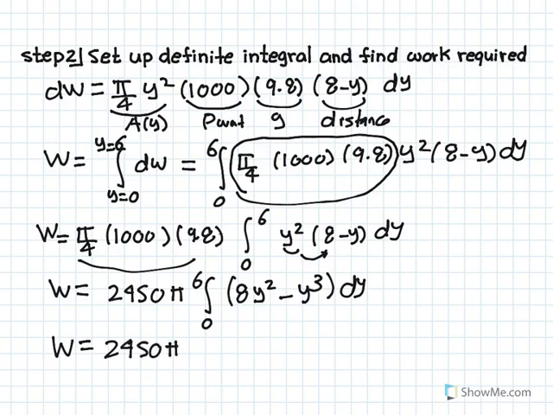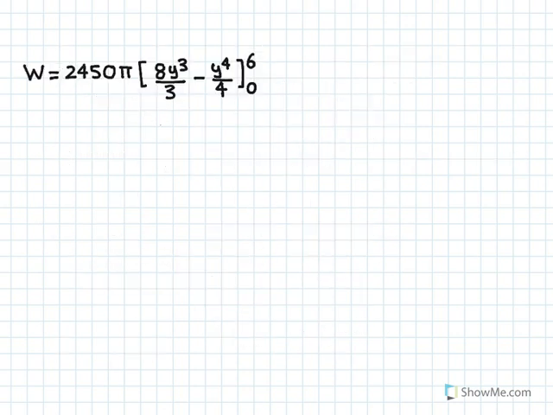So the work is going to be equal to 2450 pi. And if we integrate this, we get 8y cubed, reversing the power rule, divided by 3. And what is the antiderivative of y cubed? Add 1 to the exponent, divide by the same. We get y to the 4, divided by 4. And use the fundamental theorem of calculus to solve this. So here is the work equation, and we need to solve this using FTC.